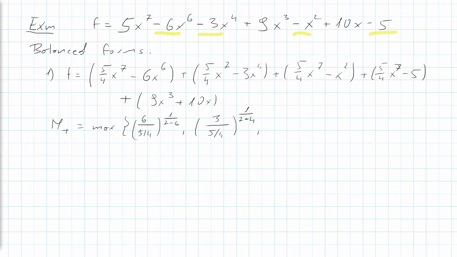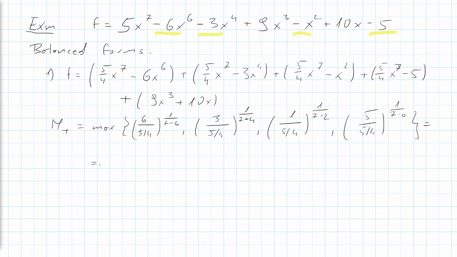And now the next one would be 1 over 5/4, to the power 1 over 7 minus 2. And here we have 5 over 5/4, to the power 1 over 7 minus 0.